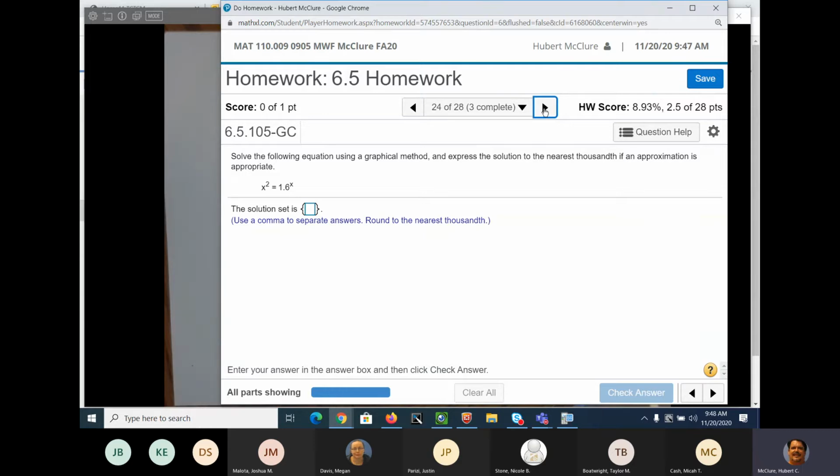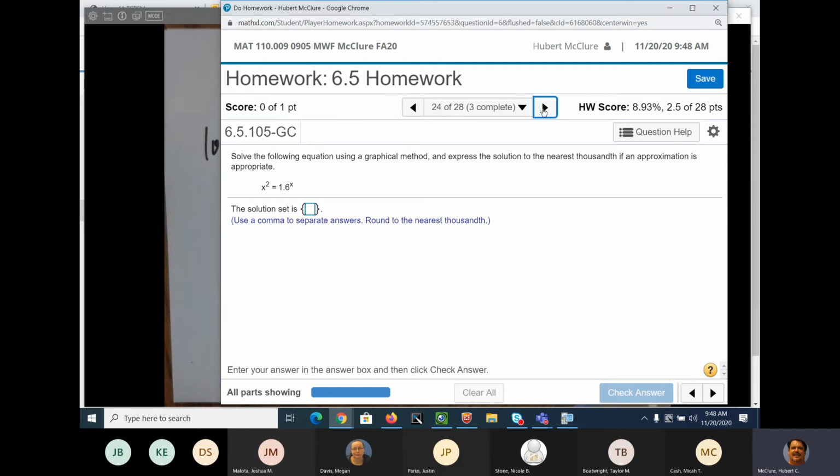I don't know. Let's see. x squared equals 1.6 to the x power. Log of x squared equals log of 1.6 to the x.